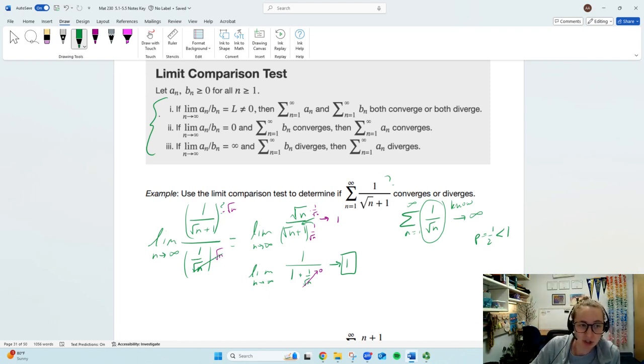I have just shown that if I have a limit and I know that my bottom part diverges, and the limit doesn't equal 0, then I know that they're both going to be divergent. So I just showed that our series in question, up here, is divergent.